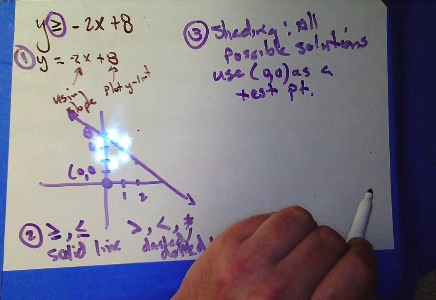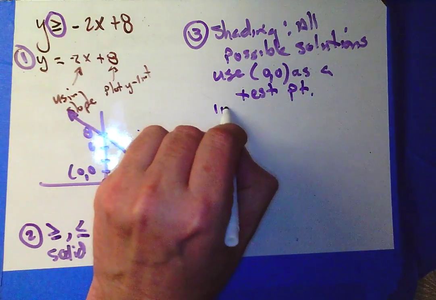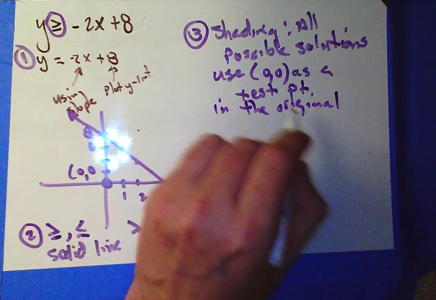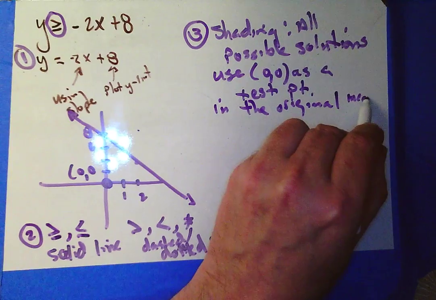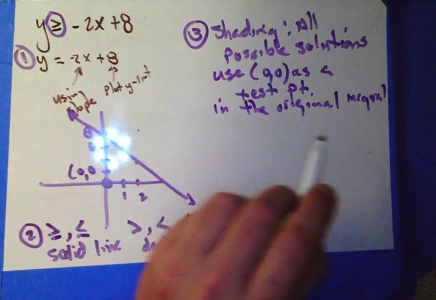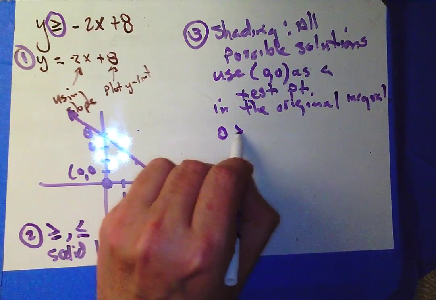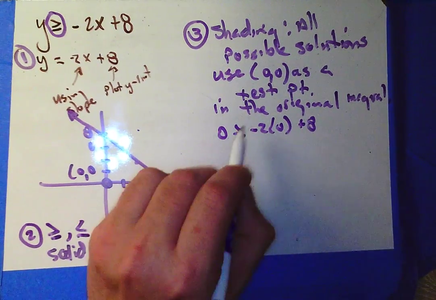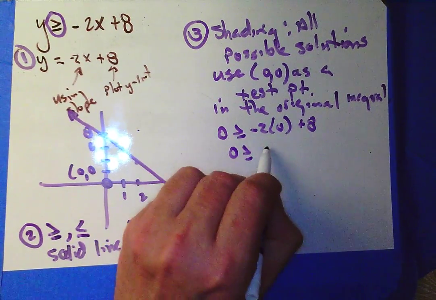And we want to plug this 0, 0 into the original inequality. So what would that look like? 0 is greater than negative 2 times 0 plus 8, or 0 is greater than or equal to 8.